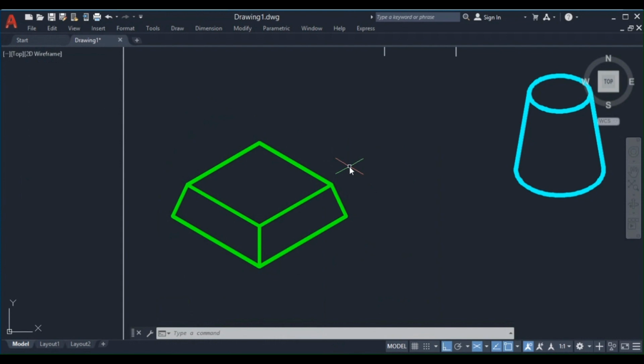Draw the isometric view of a frustum of a hexagonal pyramid.